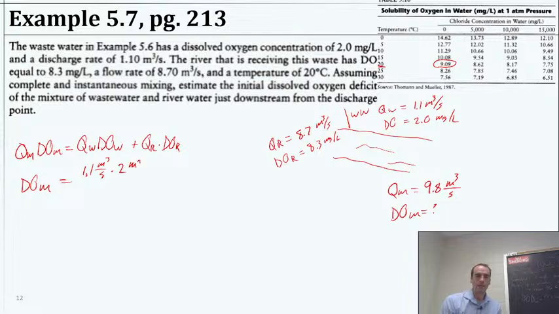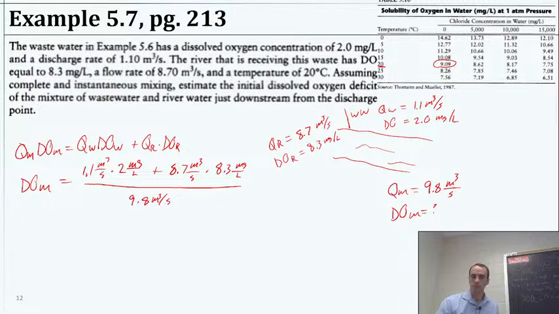In this case, they didn't really re-aerate, I suppose. So that's 2 milligrams per liter, and the river had 8.7 cubic meters per second with 8.3 milligrams per liter of oxygen. All of that divided by the combined flow rate, which would be 9.8 cubic meters per second.